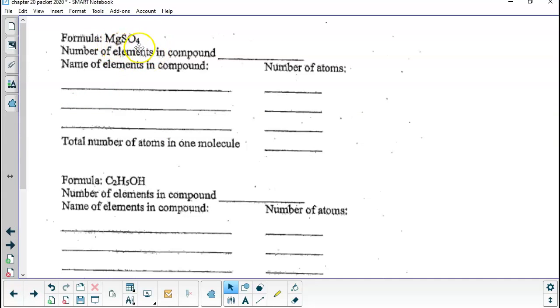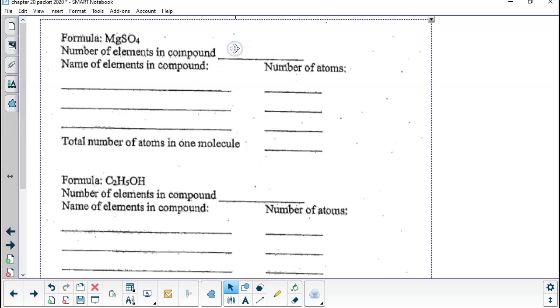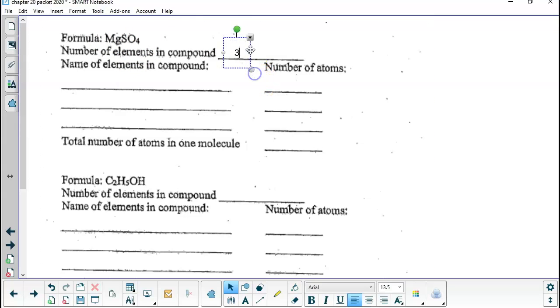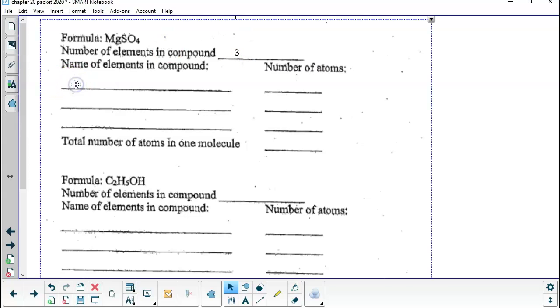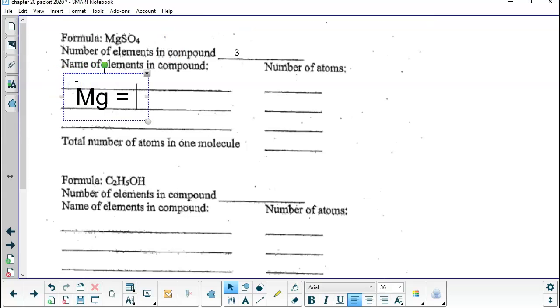So this guy up here, we do have a subscript number. So it looks like my elements, I have Mg, the g is lowercase, so it goes with the M. I have an S that's capital and an O that's capital. So I have 3 different kinds of elements. The Mg, you can look up what that stands for.